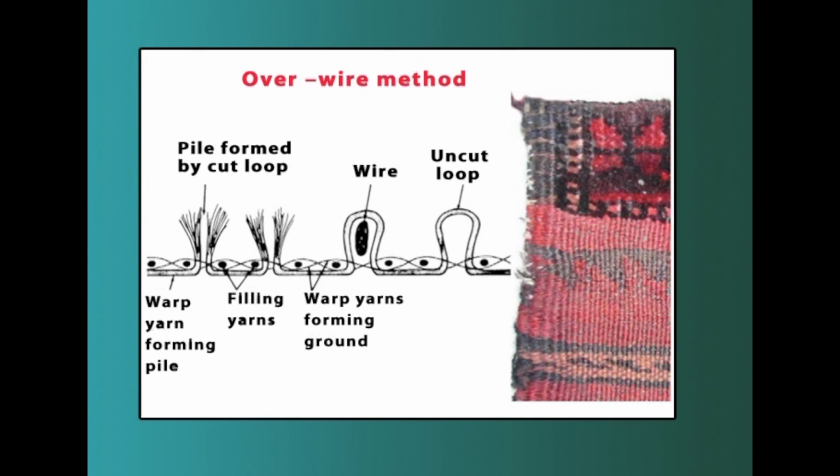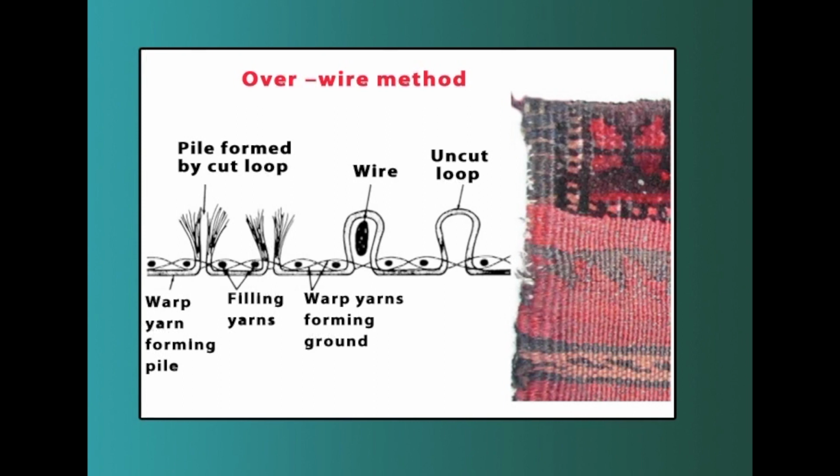When the pile is made, first the warp yarns that form the pile are raised by the harnesses to form the shed. Then the wire is inserted through the shed that has been made, and then the filling yarn is shot through. Then when the pile warps are lowered, they loop over the wire and are held in place by the next filling. Then it is withdrawn.